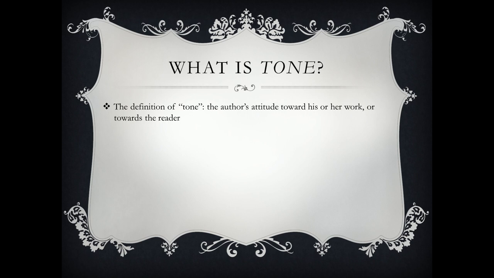For example, if you wrote a letter to your ex-boyfriend's new girlfriend, you're probably going to take a different tone than if you are writing a letter to your grandma. That tone is the attitude or the feeling towards whoever is receiving the work or the work itself. So that attitude is what's behind what you're feeling or what another author is feeling while they're producing the work.